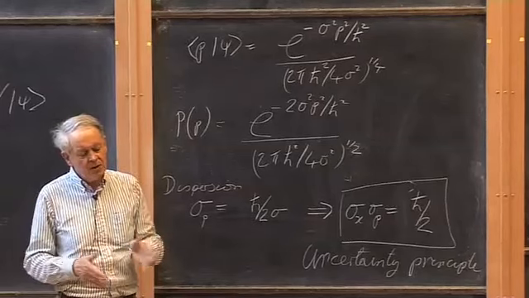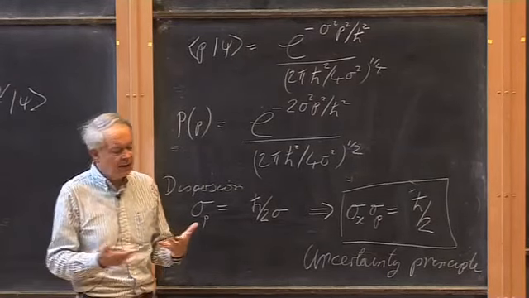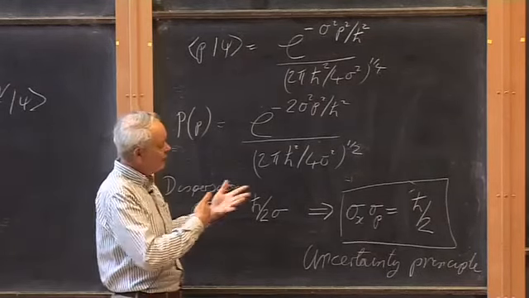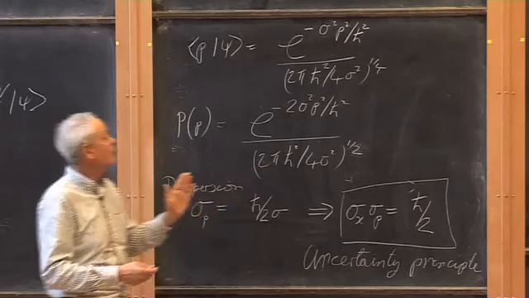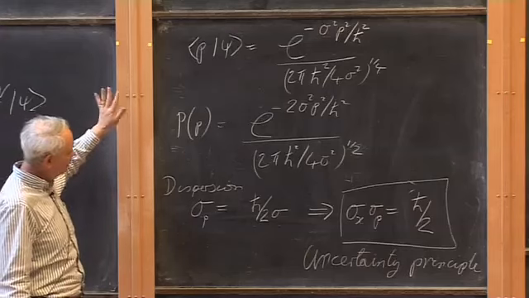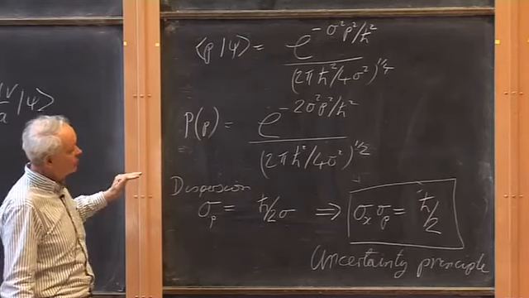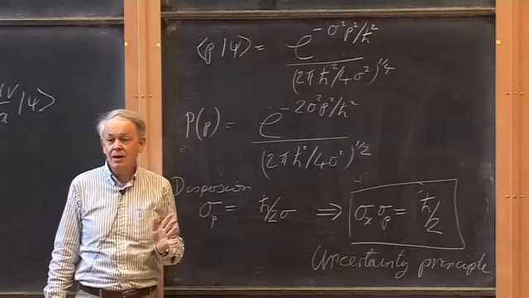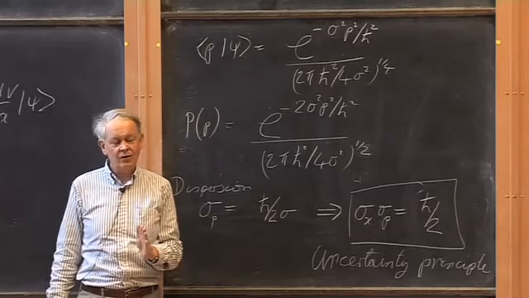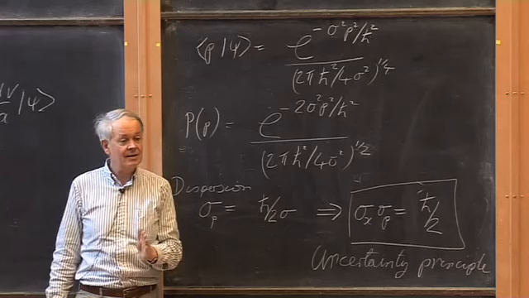So when you make a measurement, you change the wave function, and we've calculated the dispersions for measurements using the same wave function, not an initial wave function and then the wave function that we get when we make the measurement. And the reason we've done this partly is that we do not know what wave function we get when we make the measurement. That's in the lap of the gods.